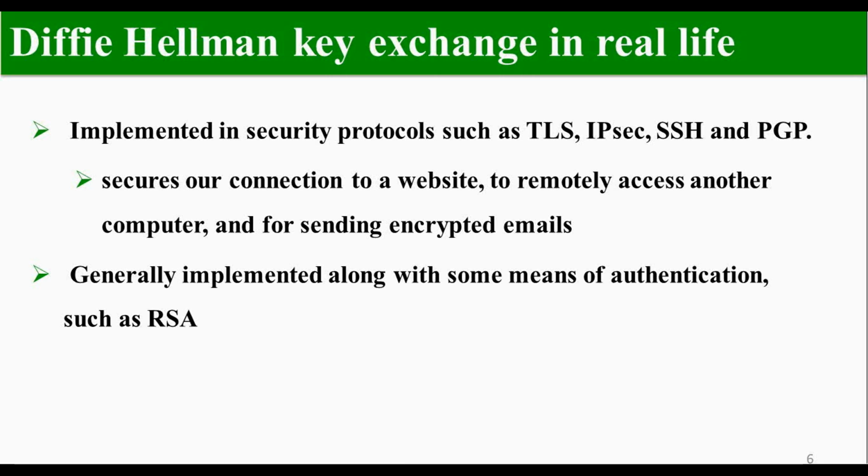She will just send her public key to Bob, and Bob, in a similar way, also sends his public key to Alice. But they cannot prove their identity, that I am sending this public key to you. So this lack of authentication can be covered by using other public key algorithms. In this way, we can make this Diffie-Hellman key exchange an efficient one.